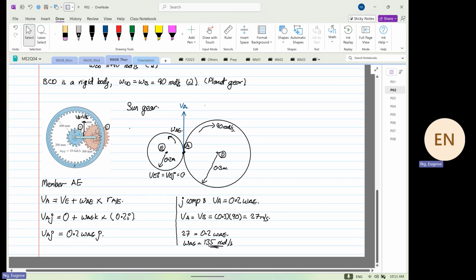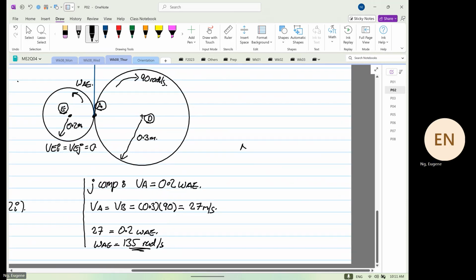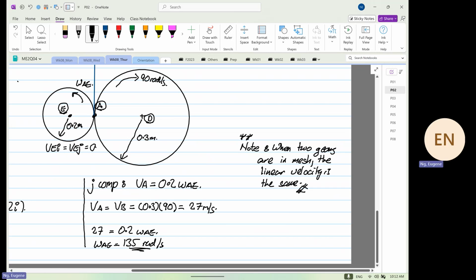The most important thing to note is this: when two gears are in mesh, the linear velocity is the same. This is the most important thing that you learn here.